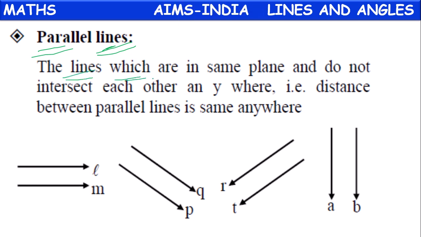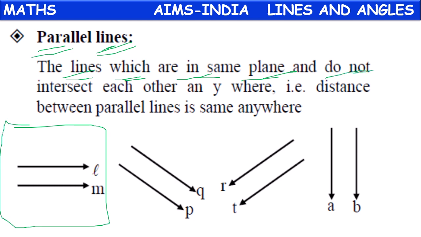So the lines which are in the same plane and do not intersect each other, though they are extended this side, but if they do not intersect at any side, and the distance between parallel lines is the same anywhere.